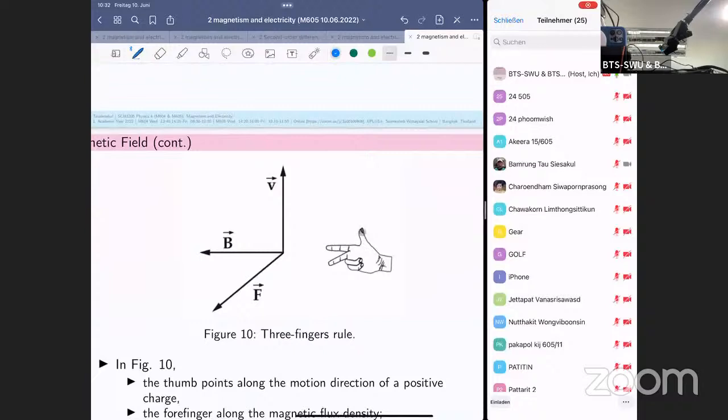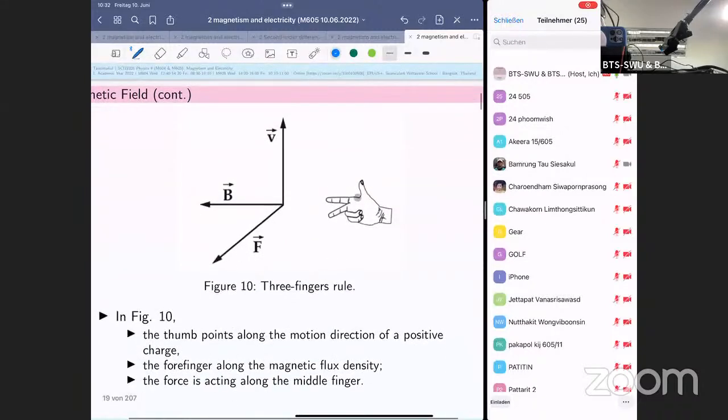You lay your thumb in the direction of the particle motion, the speed or velocity vector, and after that you point your forefinger to the magnetic flux density vector, and the outcome will be your middle finger. It's going to point in this way, and that's the outcome direction for the induced force, the Lorentz force.